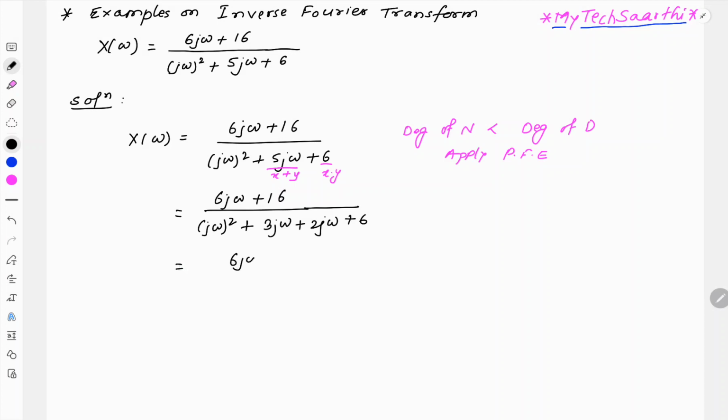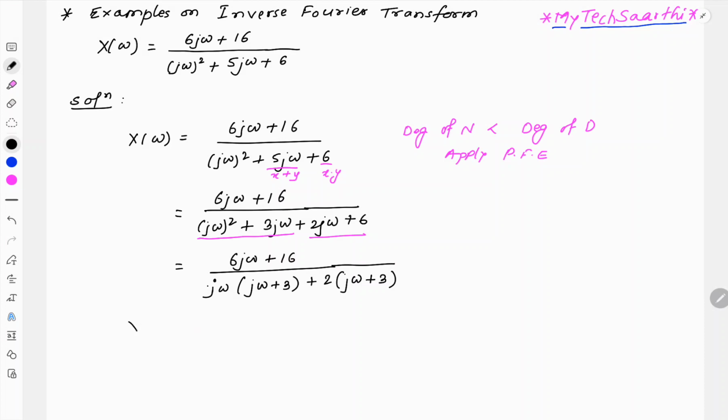Now from the first two terms in the denominator, we can take jω common. The remaining term is jω plus 3. Plus, from the next two terms we can take 2 common, and the remaining term will be jω plus 3.